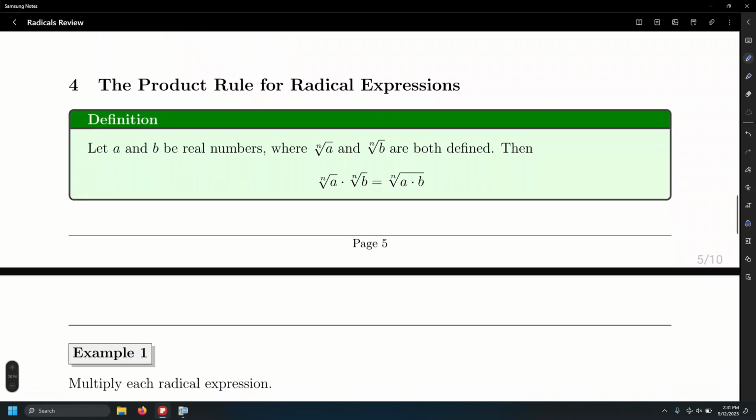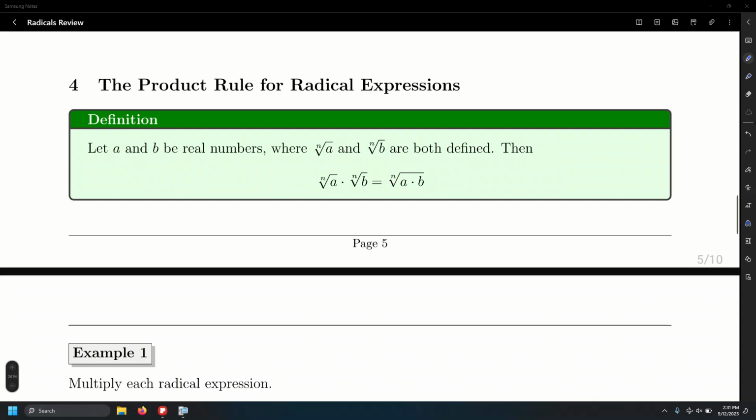The product rule for radical expressions. In other words, whenever we have two radicals multiplying together, we're going to write one single radical with the product of the radicands. In other words, the product of two radicals is the radical of a product.